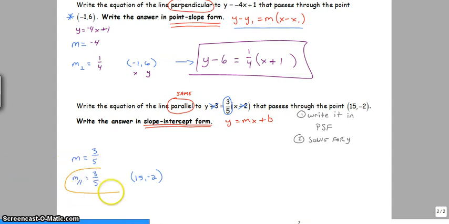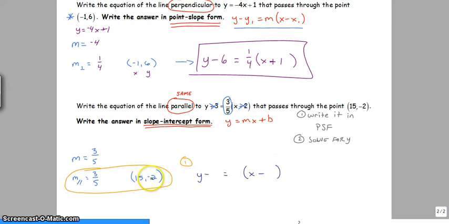Once I have my parallel slope and I know my point, I can now do step 1. Step 1 is to write this in point-slope form. So y minus my y coordinate is going to be equal to my slope times x minus my x coordinate. I fill in my blanks.